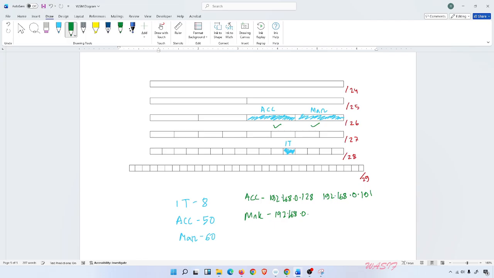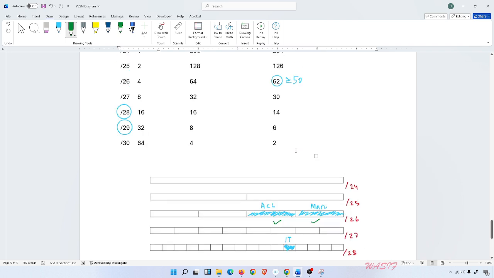192.168.0.192 to 192.168.0.255. Now come to the IT department. See what we have here: 1, 2, 3, 4, number 5.